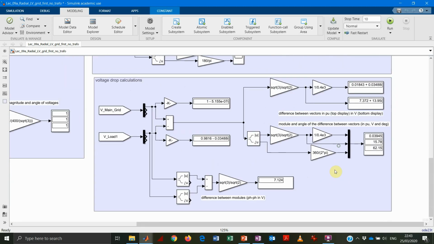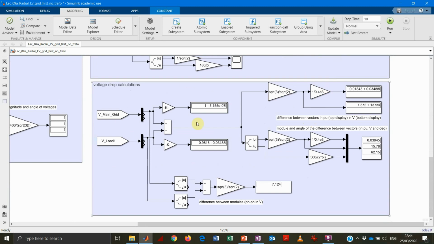And again, we can come down to the voltage drop calculation. So as usual, we can have the different values. As expected, the voltage drop is reduced compared to the previous case thanks to the capacitive support of the capacitive side of the load.